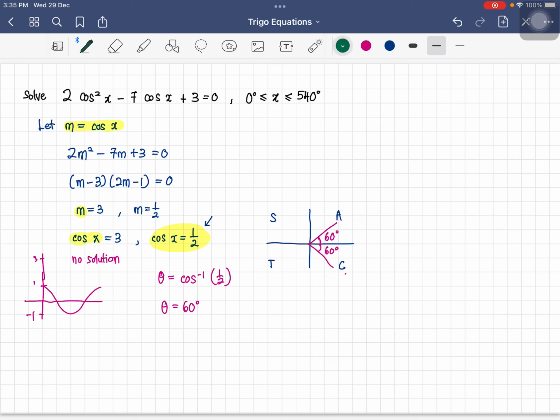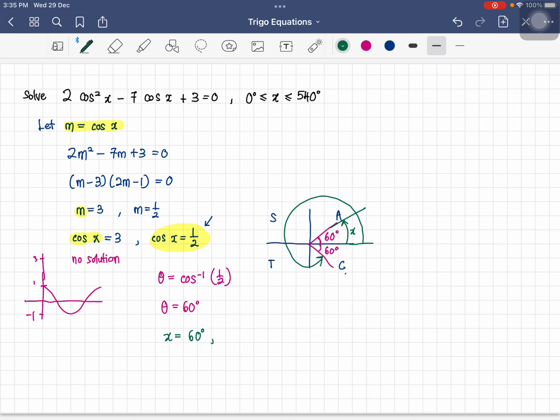What about the solution for this? We need to find the value of x. So we start from this to this, and this is the first one, so we get 60 degrees. For the second one, it should start from this first and go until this one. What is the value of that angle?